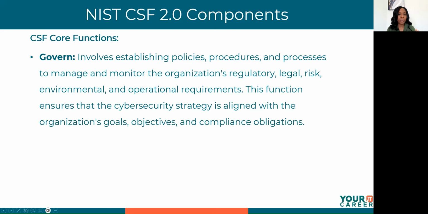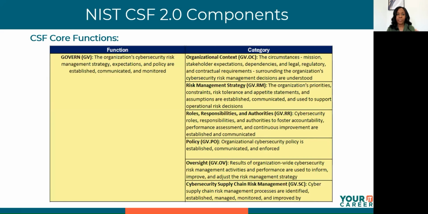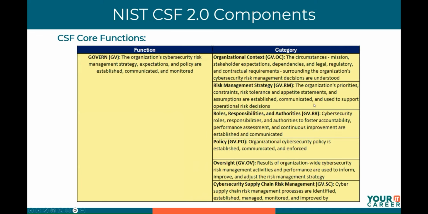And then, when you look here, all right, so with the govern function, here are the categories, and we'll take a look at subcategories later on. But if you look here, I have on the screen the govern function and the category. The first thing you see is govern, and the abbreviation they're using is GV. And then you have 6 key areas here.